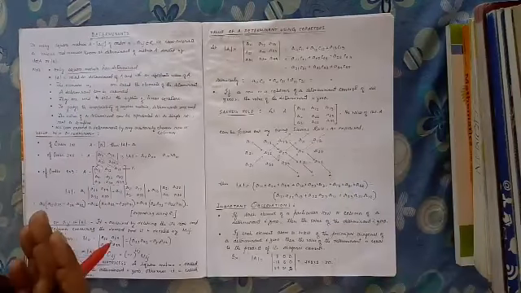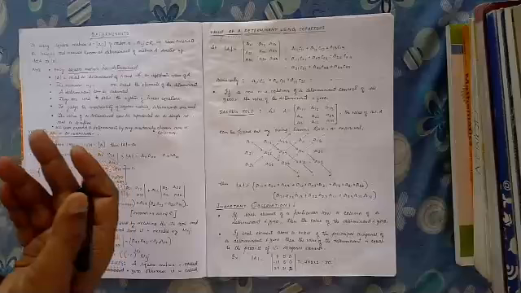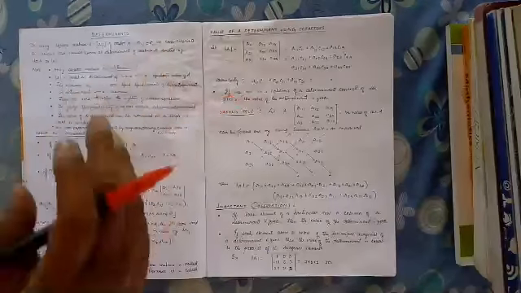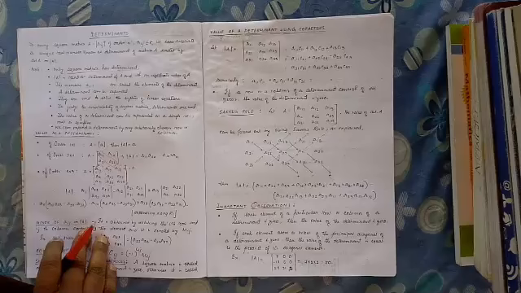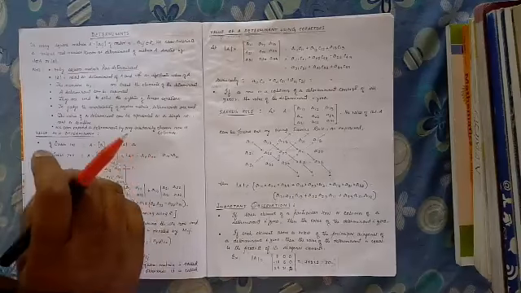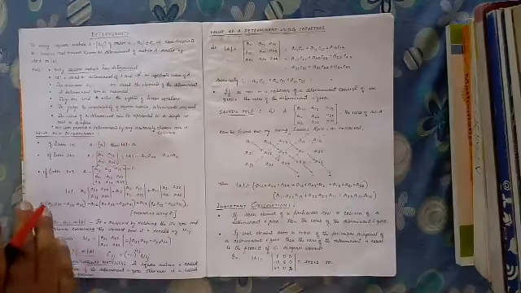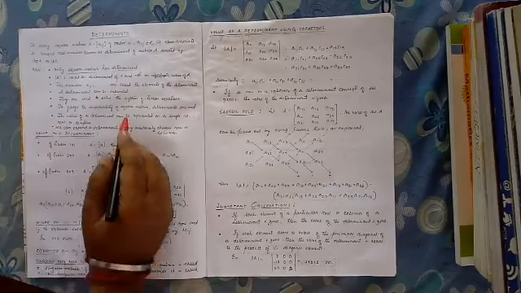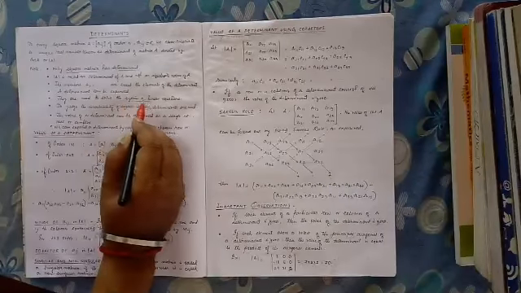A determinant can be expanded along any row or any column. A determinant is used to solve a system of linear equations. We will solve this, it is in our syllabus.